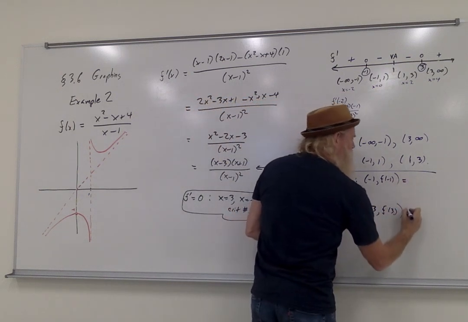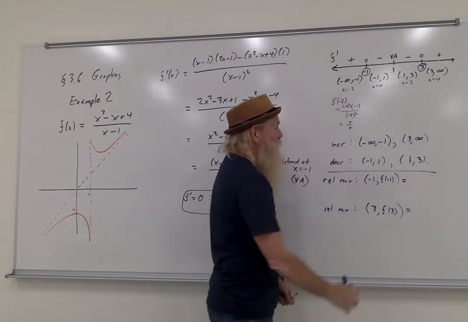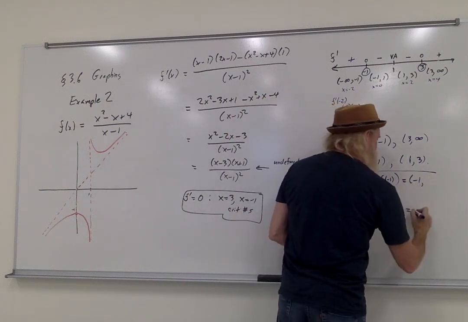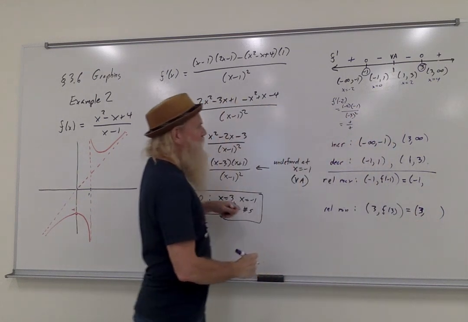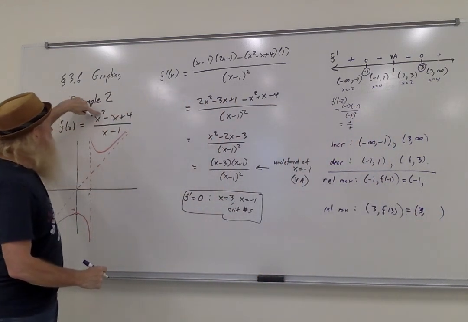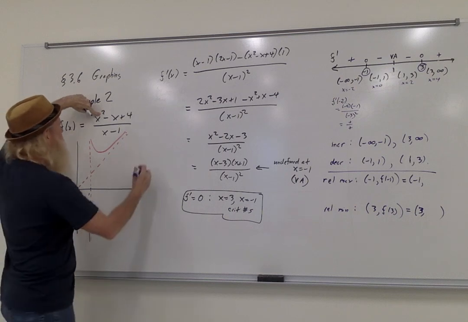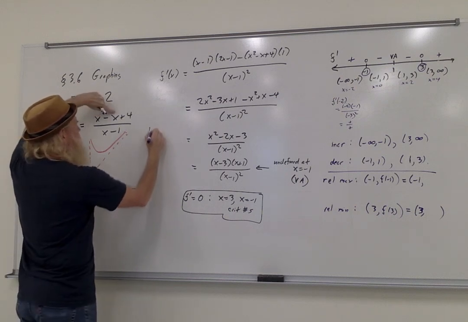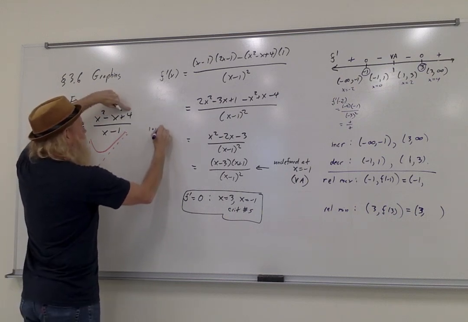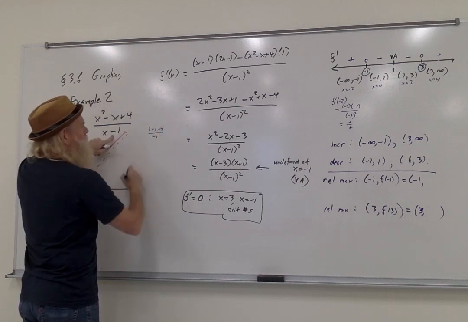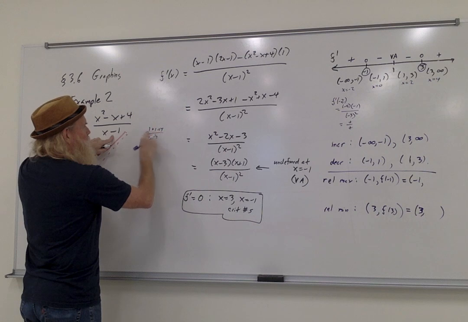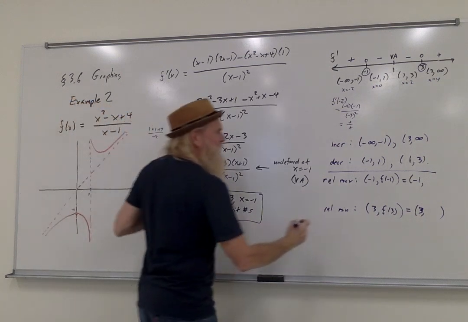And we get the y coordinates by substituting back into the original function. So at negative 1, I'll have negative 1 squared minus negative 1 plus 4 over negative 1 minus 1. So that is 6 over negative 2, which is negative 3.